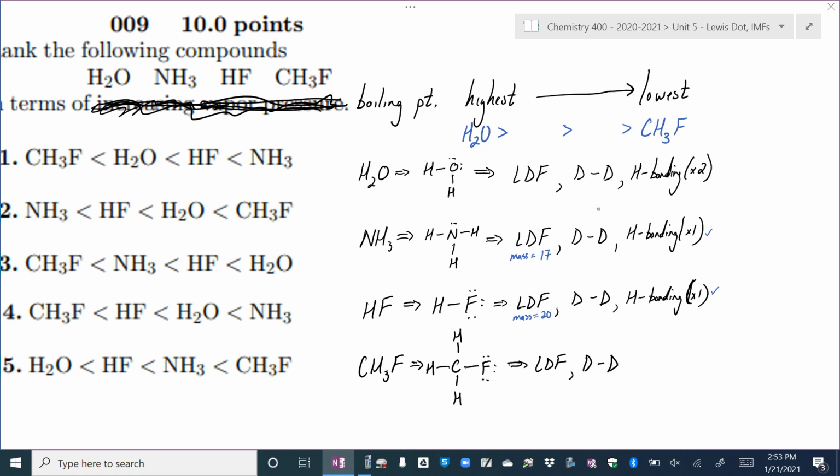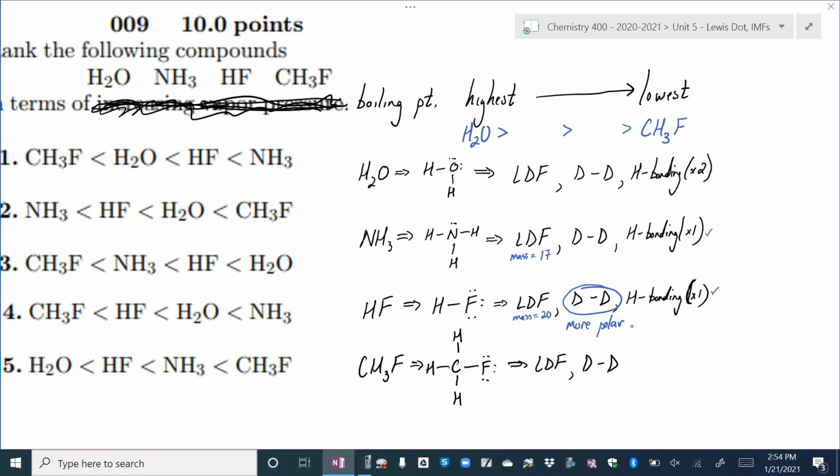So the key has got to be here in the dipole-dipole. Which one of these do you think is more polar? Yeah, HF, because fluorine is the most electronegative element on the periodic table, the I'm-taking-my-electrons-and-going-home element in a bond.